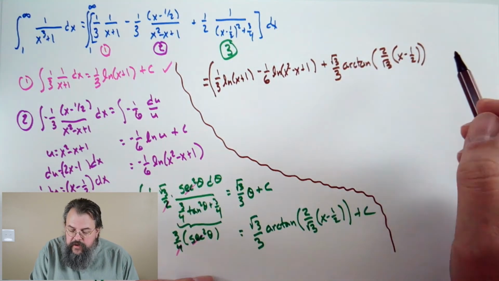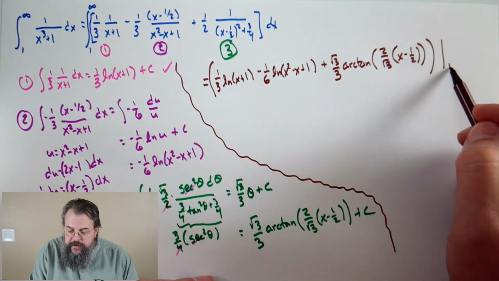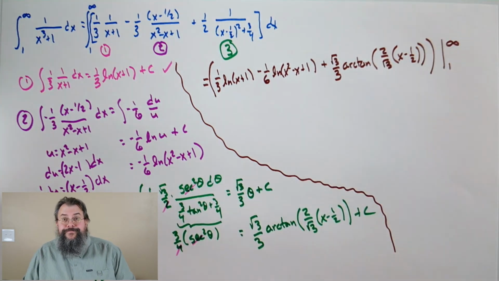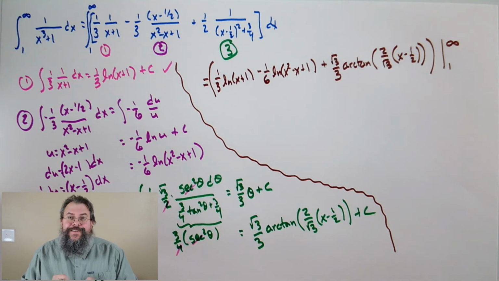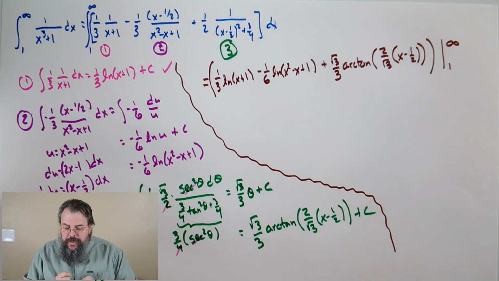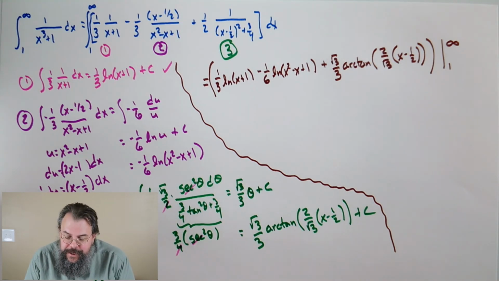And that's our antiderivative. Evaluate from 1 to infinity. All right, and off to the races. So what are we going to get? Well, let's start with the infinity.